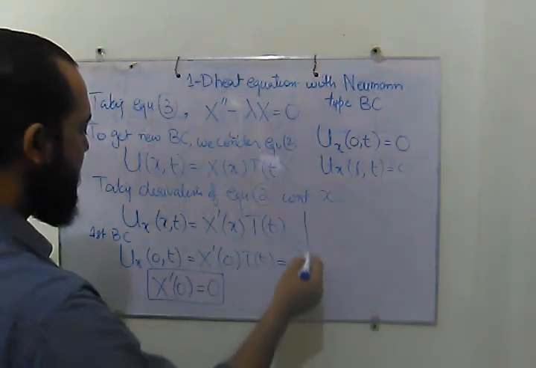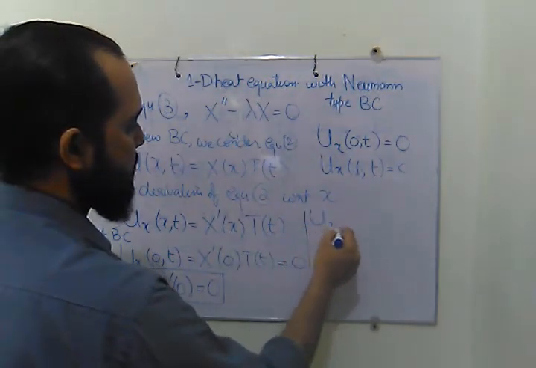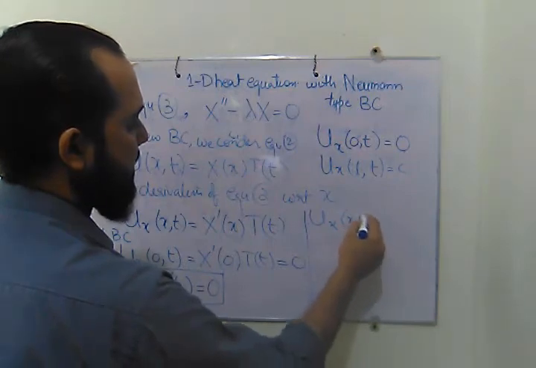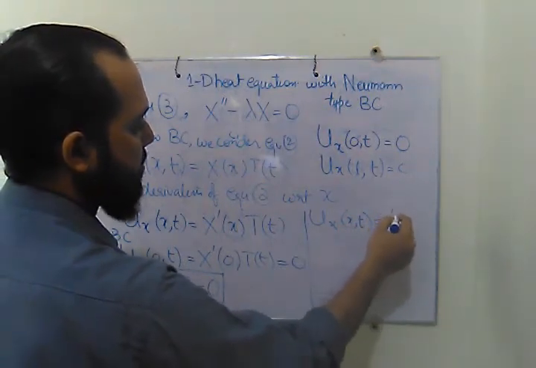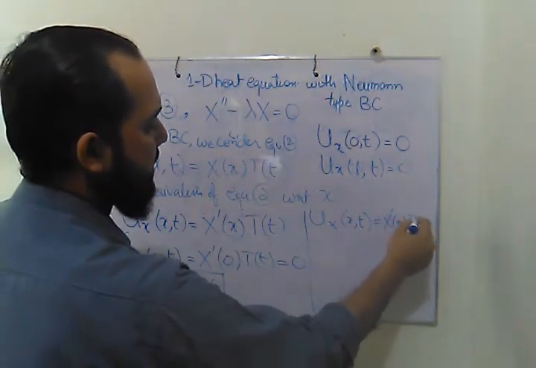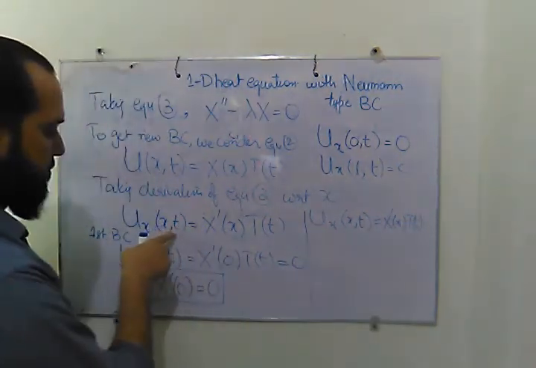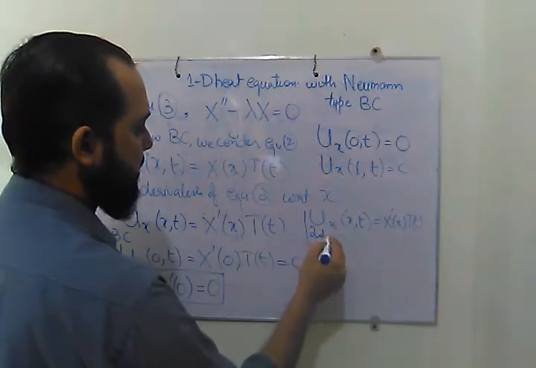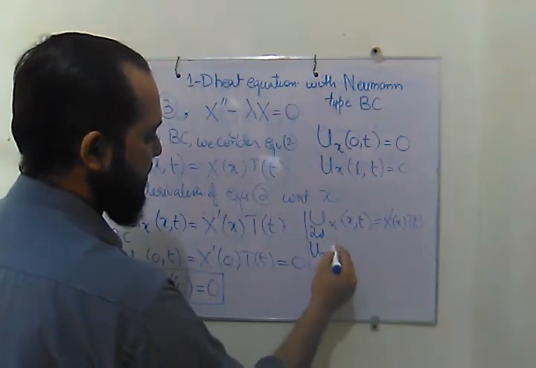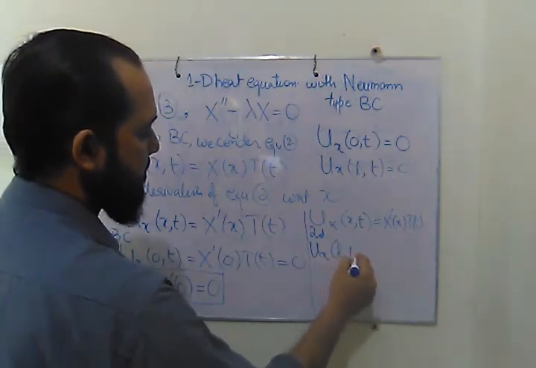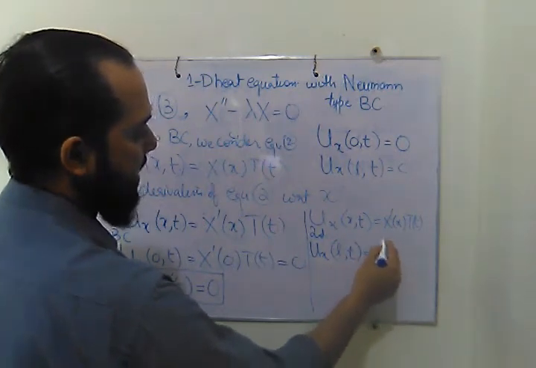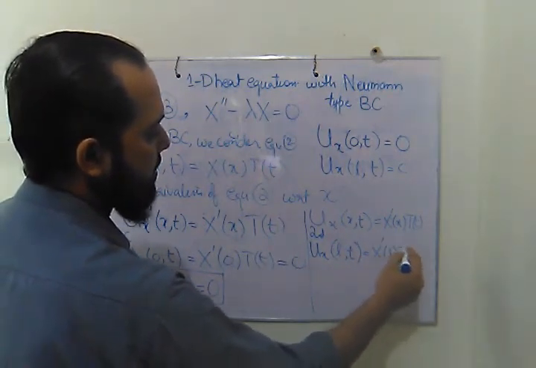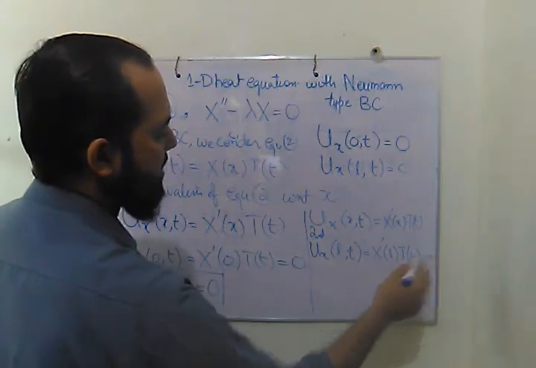Now by the same argument, when we have u_x, X(t) is equal to X'(x)T(t), like I wrote it here. When we apply the second boundary condition, in which we replace x with L, we have X'(L)T(t) is equal to 0.